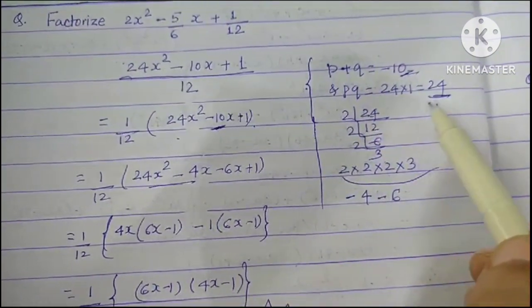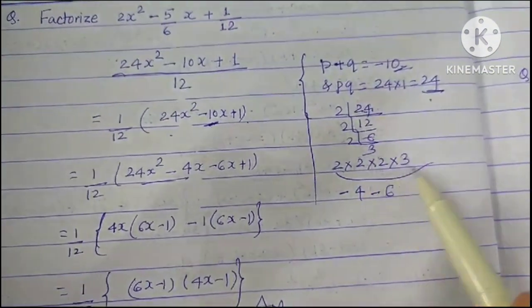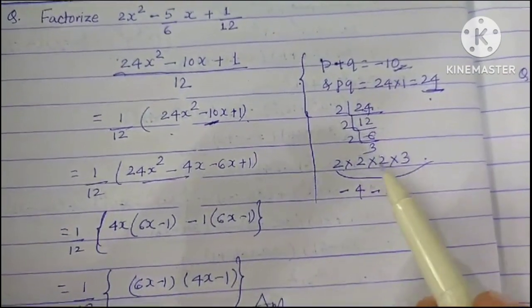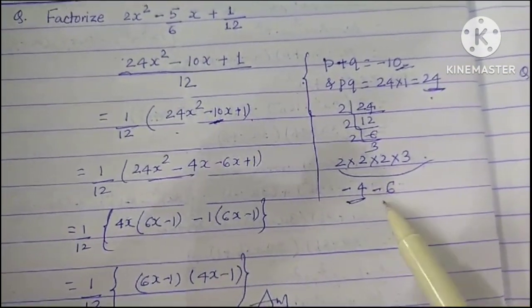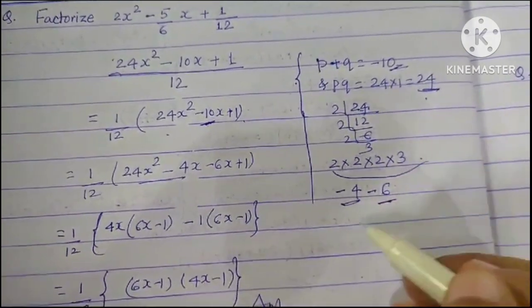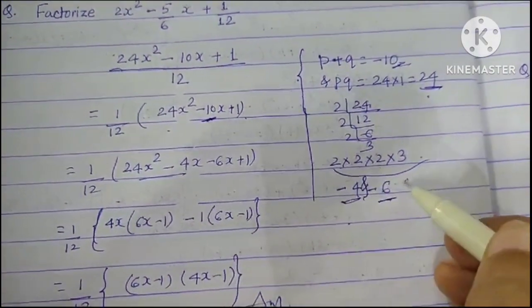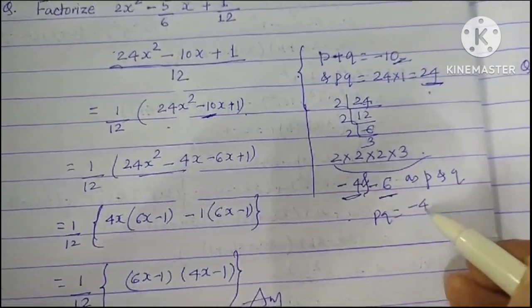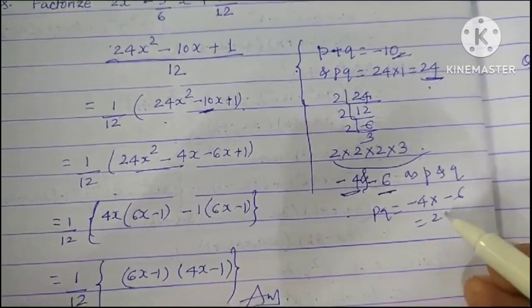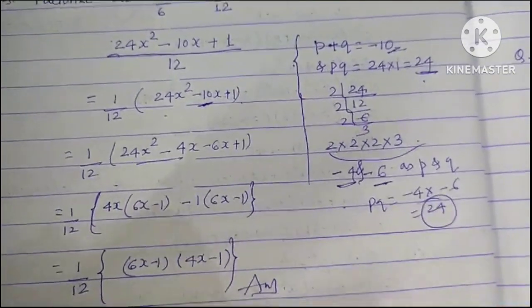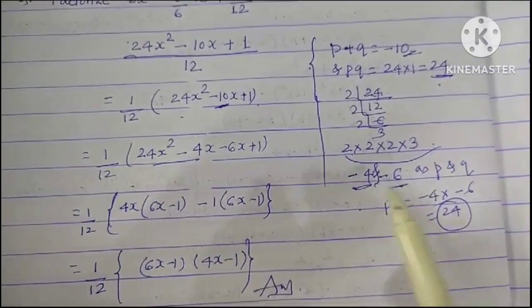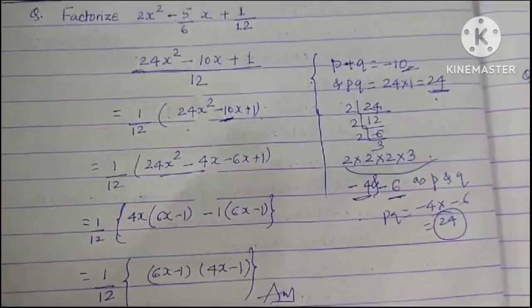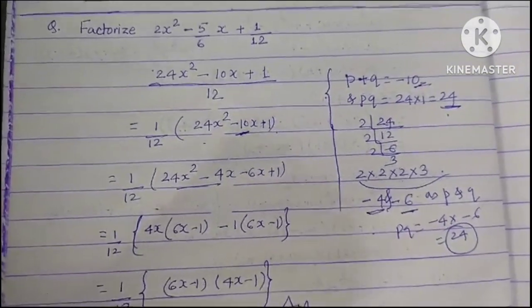So we factorized this 24 and we got these numbers. So we choose minus 4 and minus 6 as p and q, so that pq is equal to minus 4 multiplied by minus 6, that is equal to 24. With practice we will understand all these things. That is why I'm doing so many questions.